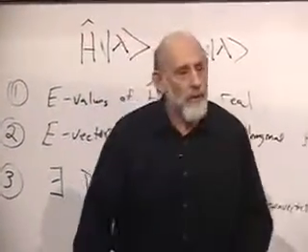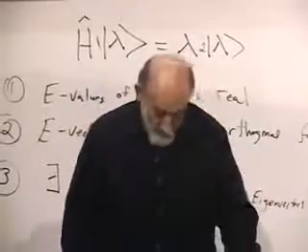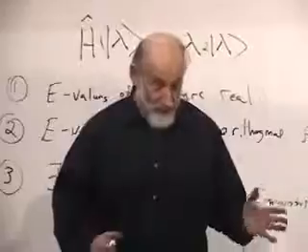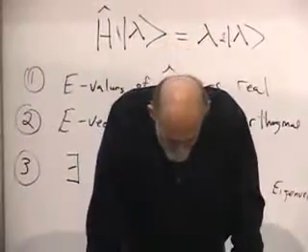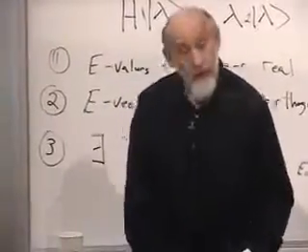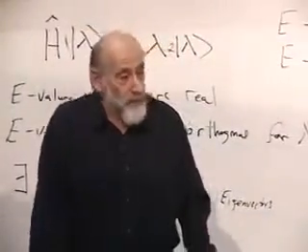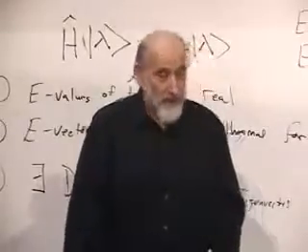They're the values of the quantity that you can get when you measure it. So they're important, is the point. Not only are they important, they are the things which you get in an experiment. What else? Oh, and remember, anytime you do an experiment of a quantity, you get a number, and it's always a real number. If I measure the position of something, I don't get a complex number. I get a real number.